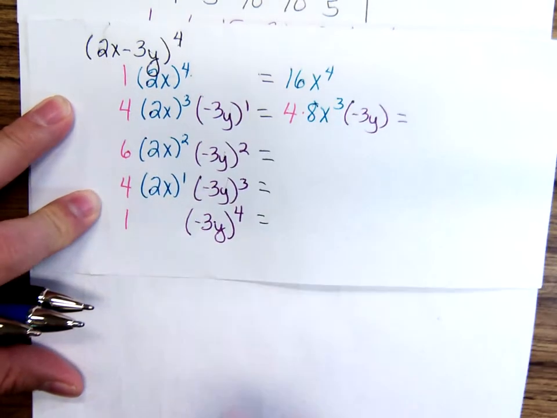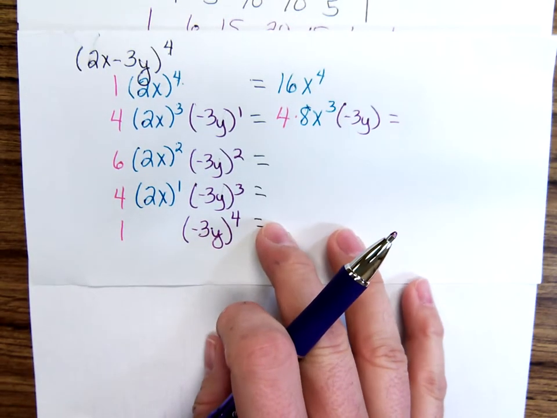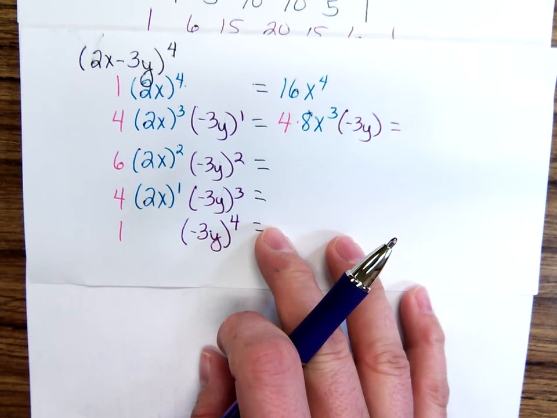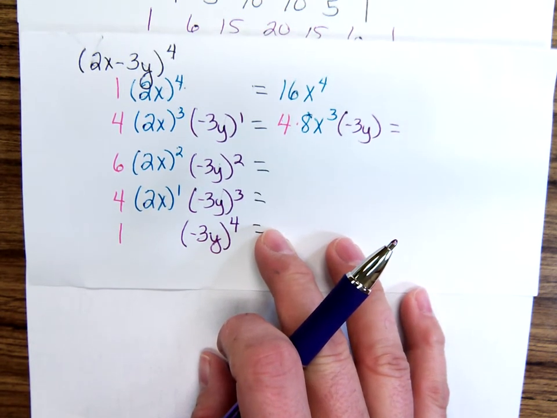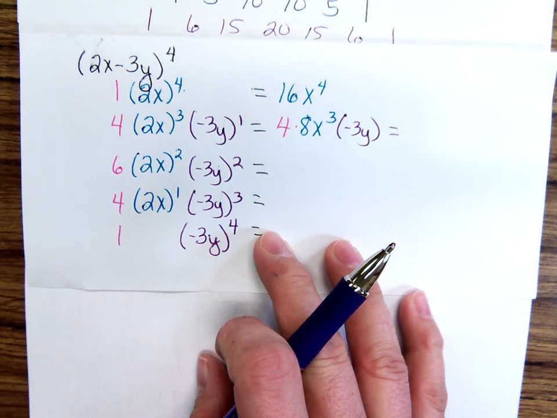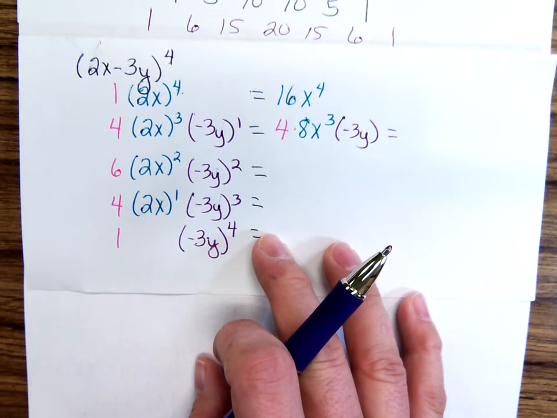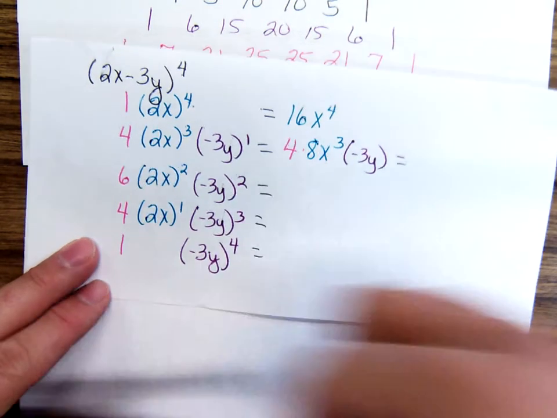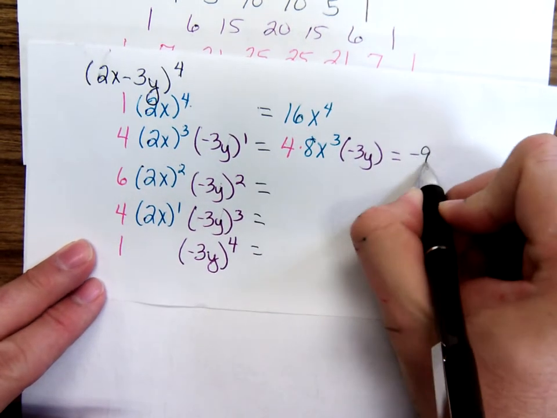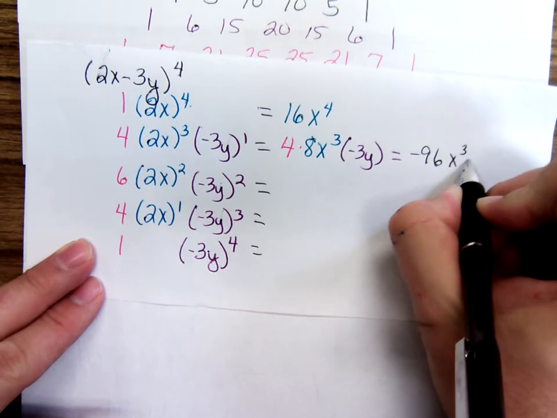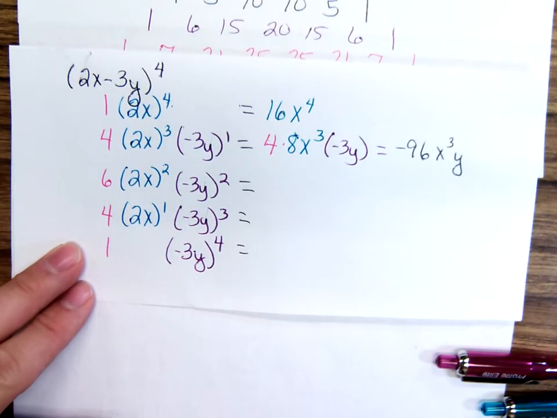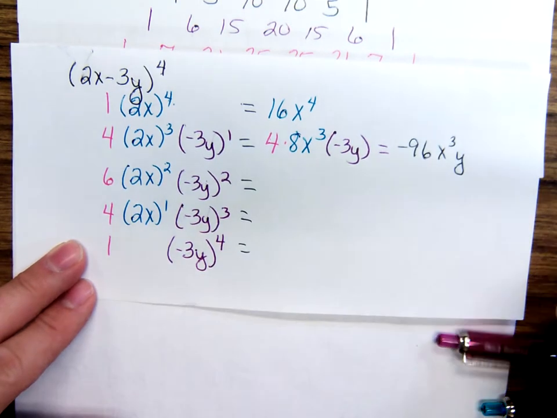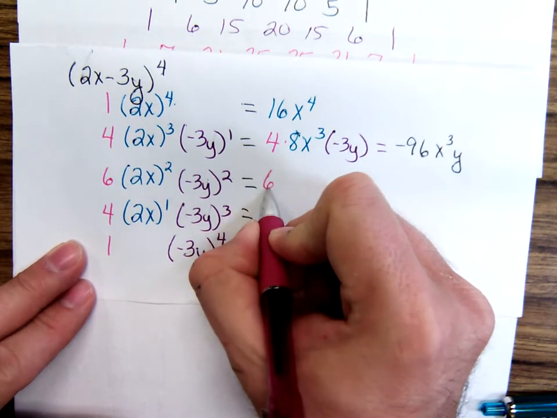So what are we going to have there? 4 times 8 times negative 3. Well, 4 times 8 would be 32 times a negative 3, negative 96 x cubed y. Following my calculations here. Look on the next one. It's going to be a 6.